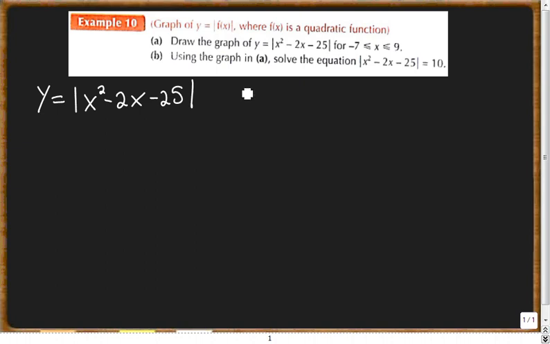Obviously, y could be x squared minus 2x minus 25, or it could be the opposite of that.